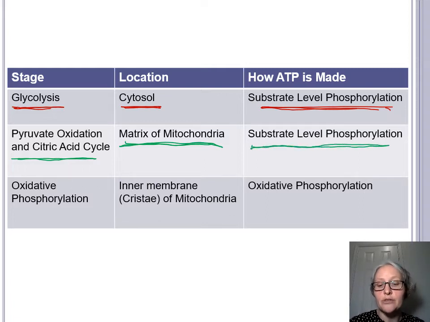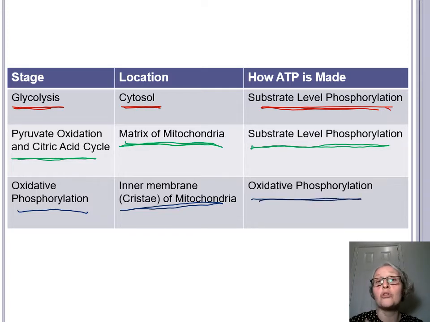The third and final step is called oxidative phosphorylation. Oxidative phosphorylation takes place across those folds of the inner membrane of the mitochondria, or across the cristae of the mitochondria. In oxidative phosphorylation, we actually generate tons of ATP, and we do it through a unique process called oxidative phosphorylation, and we'll learn what that means as we talk through this third step.